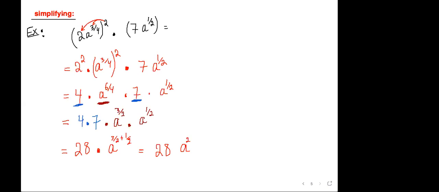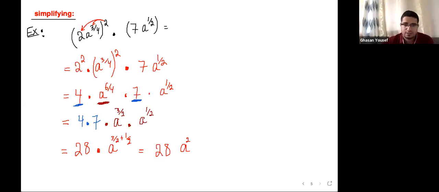For this, okay. So again, we combine the numbers together, and we combine the variables that have the same letter together. So 4 times 7 is 28, a to the power 3/2 times a to the power 1/2.